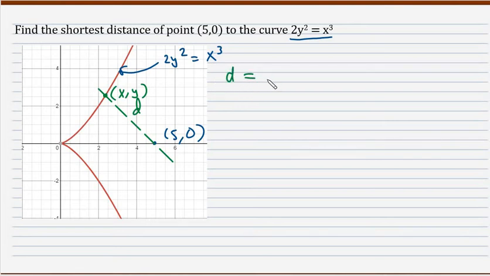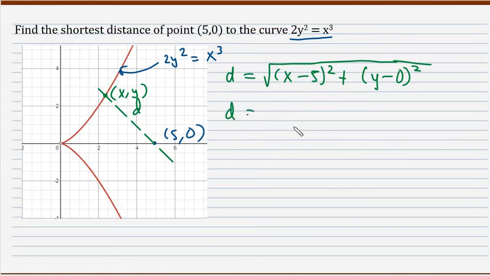If we apply the distance formula, it will be equal to the square root of (x minus 5) squared plus (y minus 0) squared, the distance between those two points, and that point is still unknown.